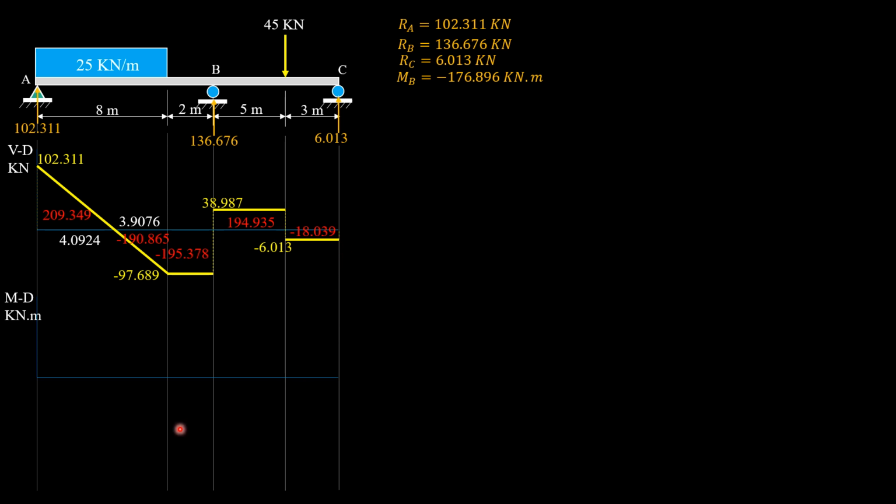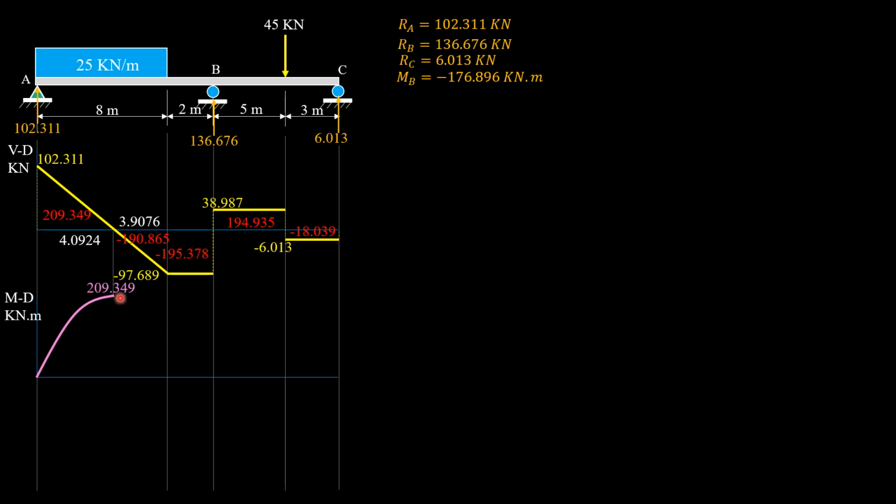Then we are now ready to construct the moment diagram. So just project that. This is positive, decreasing, maximum here. It begins with 0 moment at A. Then it is equal to 209.349 here. Then negative, increasing, going down.